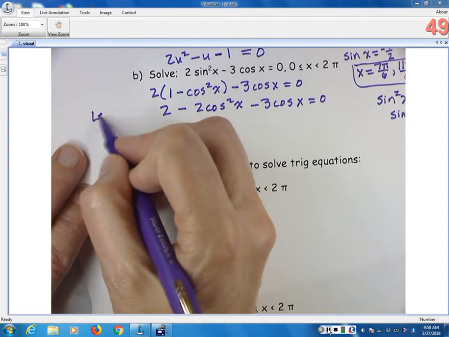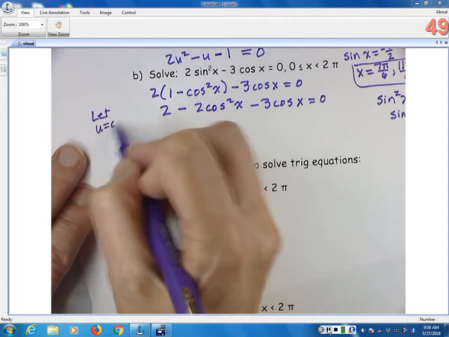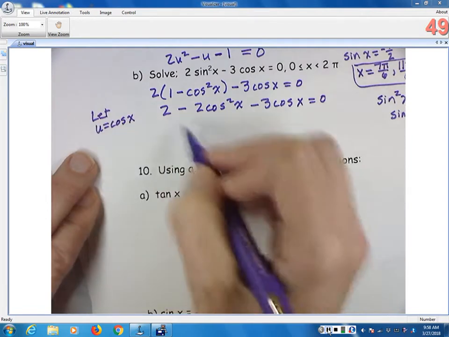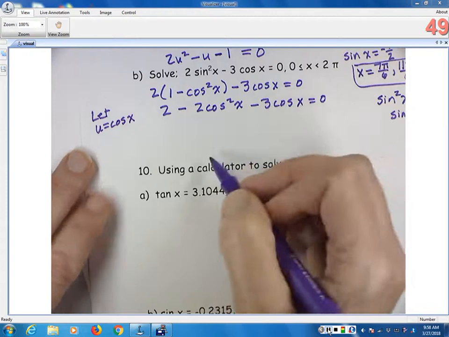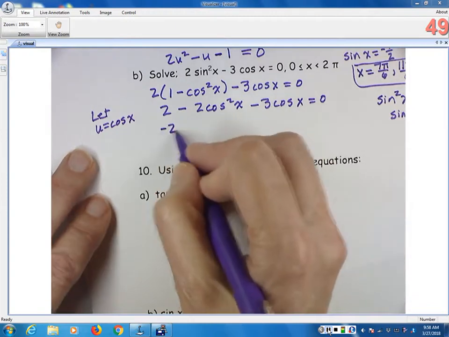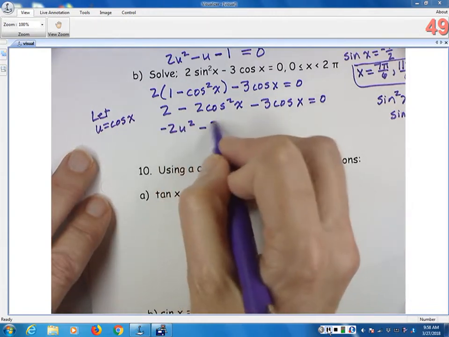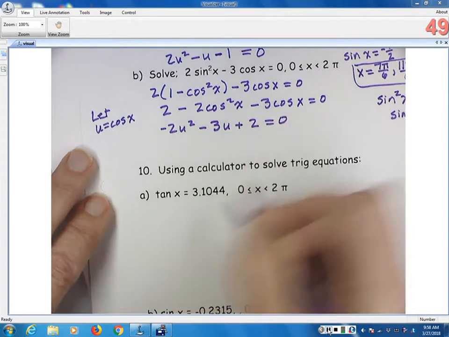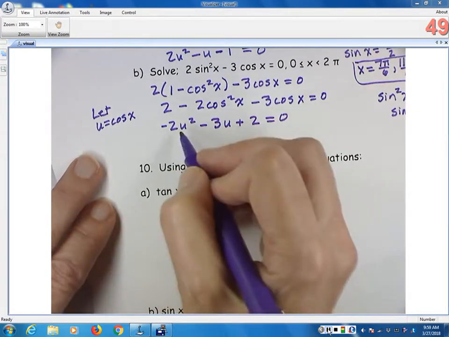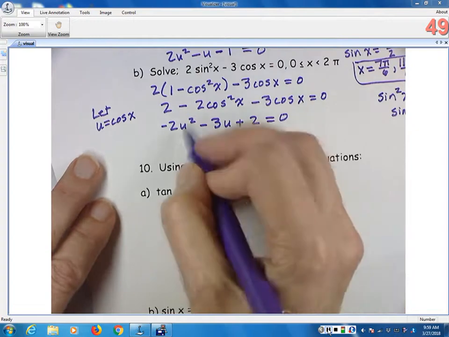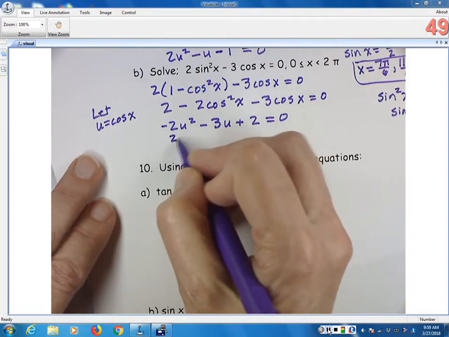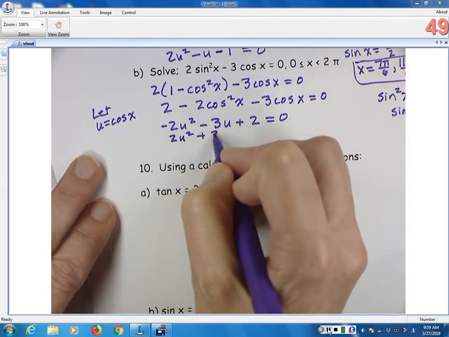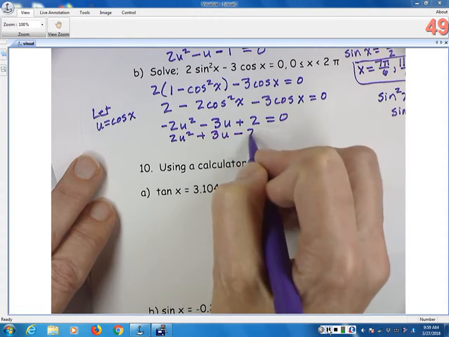Let u equal cosine x. And then we want to write it in descending order. So it's minus 2u squared minus 3u plus 2 equals 0. Multiply through by negative 1: 2u squared plus 3u minus 2 equals 0.